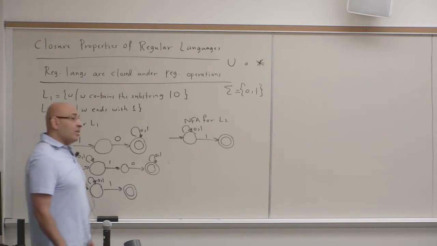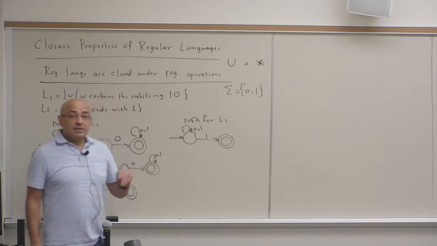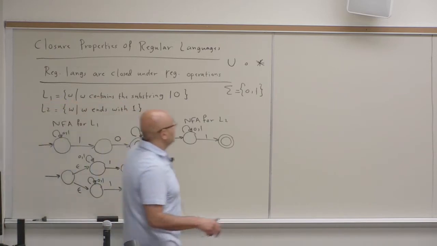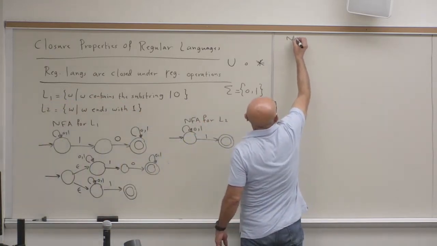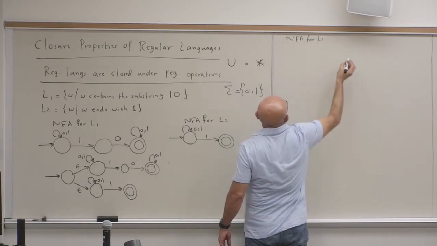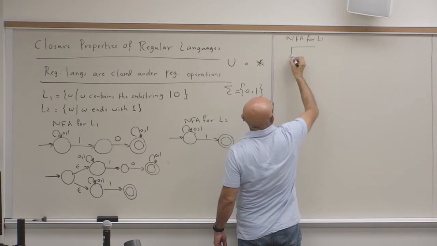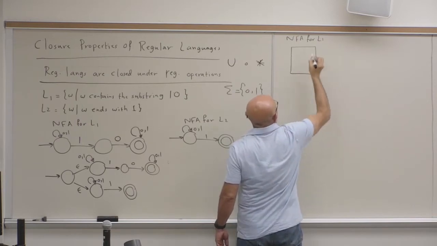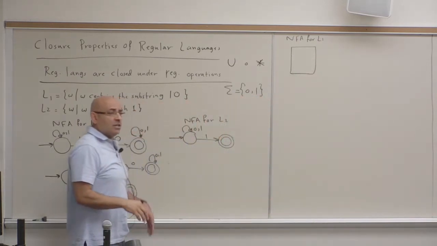Now, let's generalize it, but in graphical form first. So given two languages, you have an NFA for L1, which looks like this. Now I'm going to try to draw a general NFA.